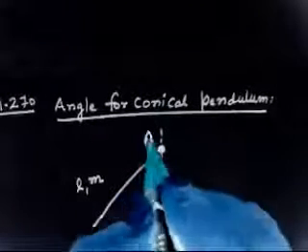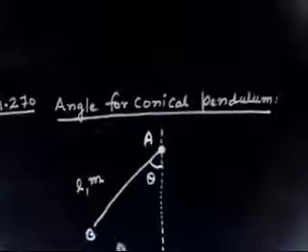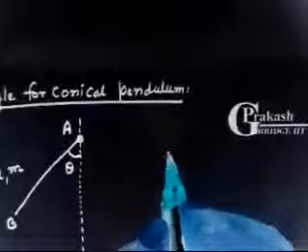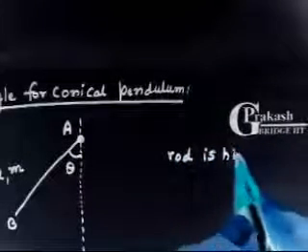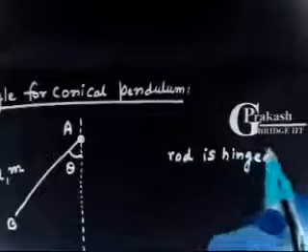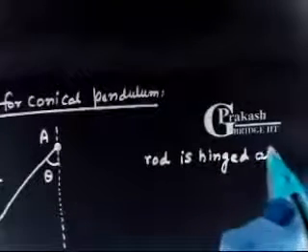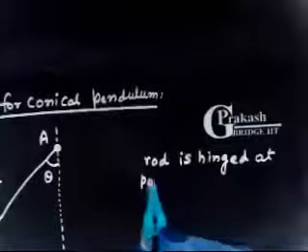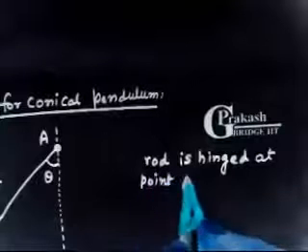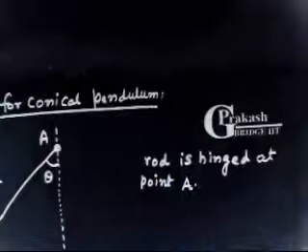Let us call this point A, this point B. So basically the rod is hinged at point A. Are you getting?